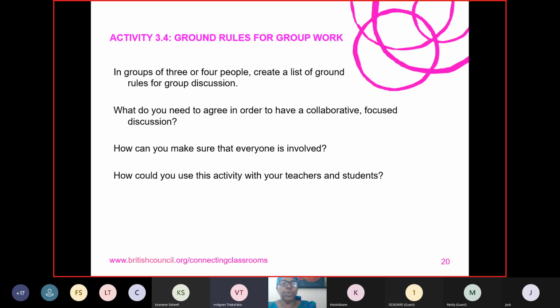Can you write on your WhatsApp ground rules for discussion groups?